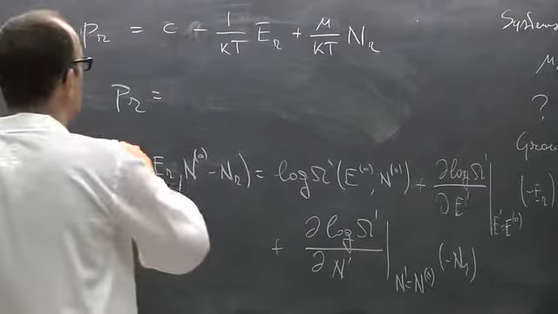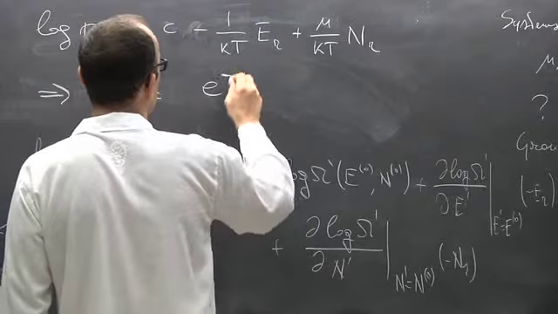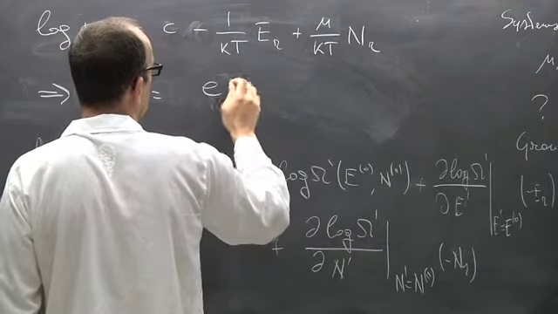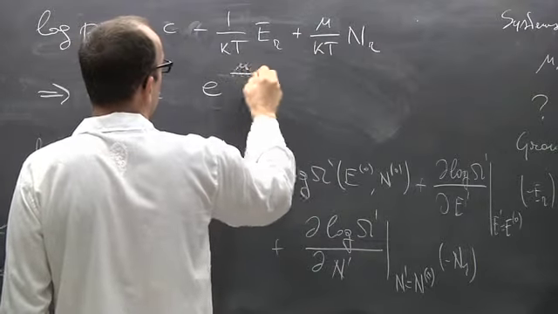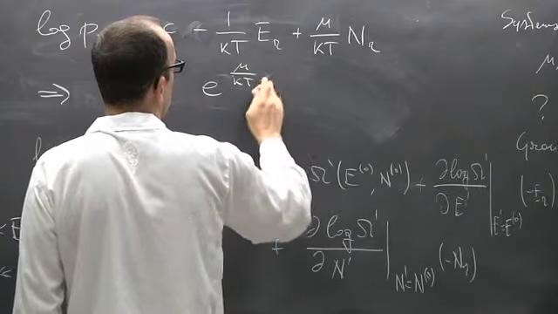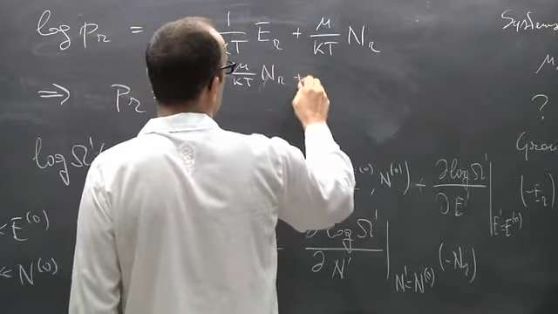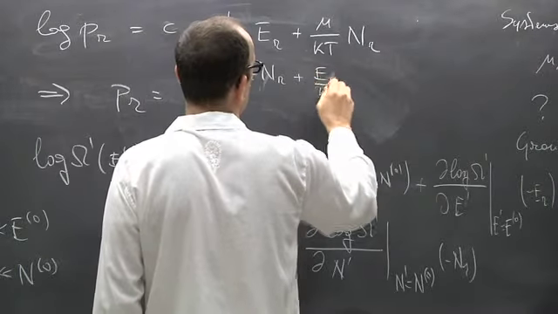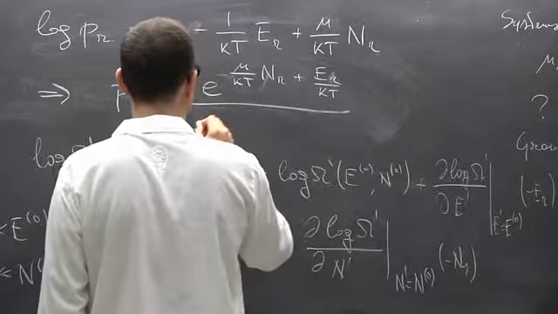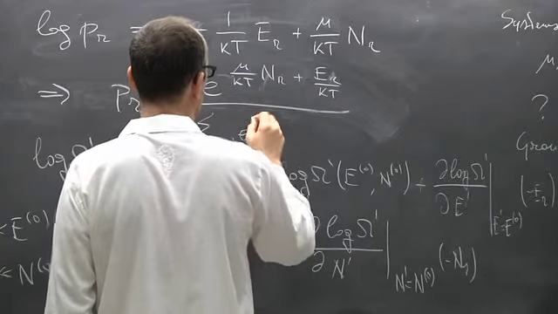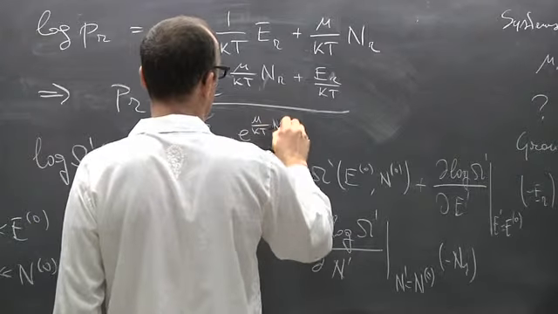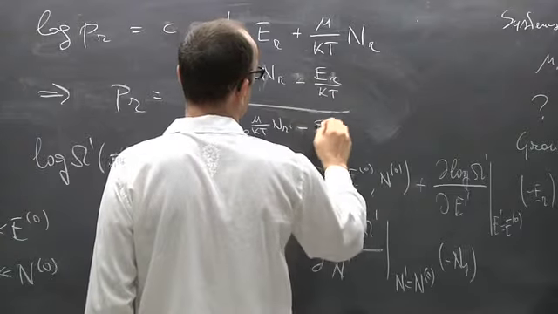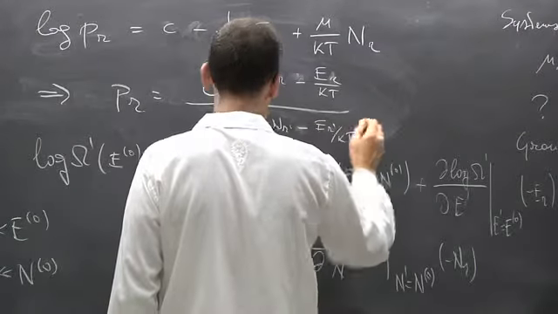Okay? So the probability in the grand canonical ensemble of a state with energy ER and number of particles NR is given by e to the mu divided by kT times NR minus ER over kT, divided by the sum over all the states of e to the mu over kT times NR prime minus ER prime over kT.